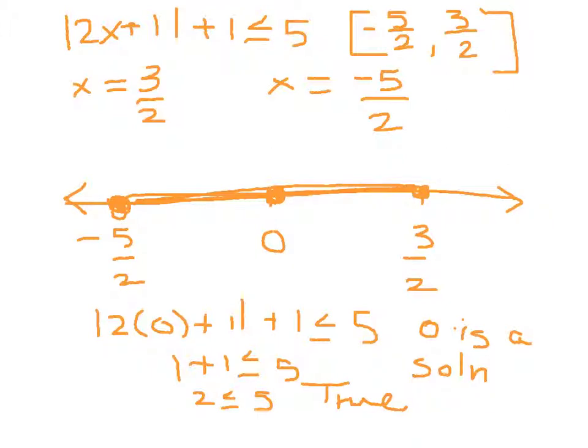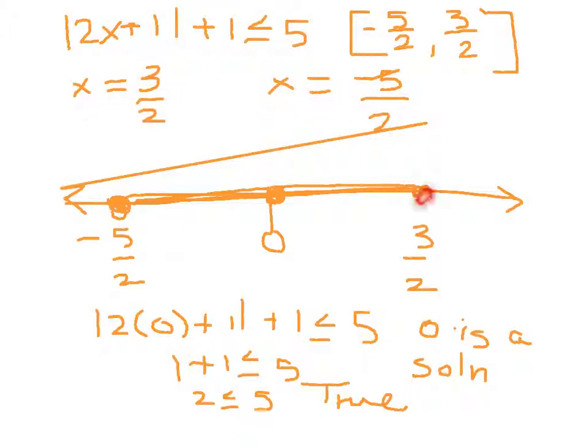So once again, the first thing we did was to isolate the absolute value. The second thing we did was to make it an equality. We split it, we set it equal to positive 5, and then the other side was equal to, this became a 4 because we subtracted 1, so it was equal to 4, negative 4. That gave us these two solutions.